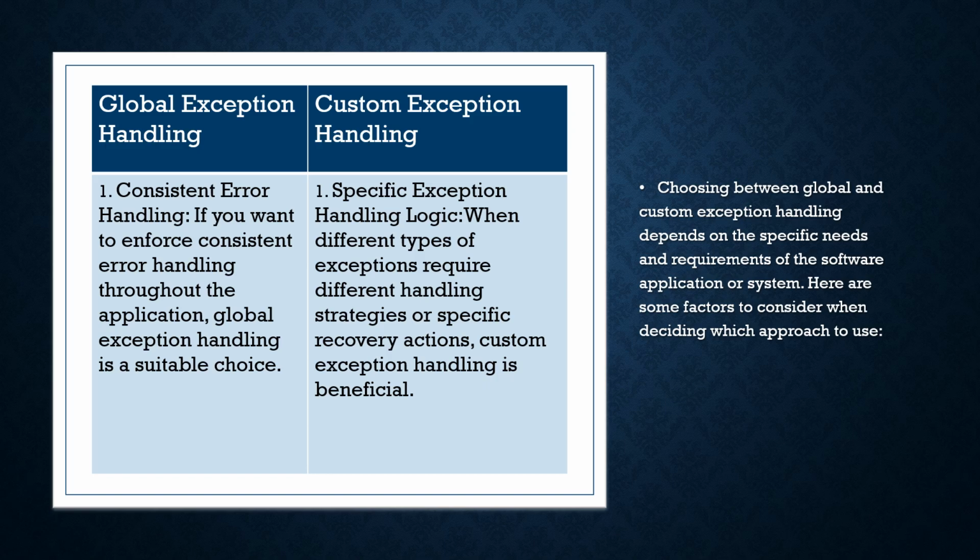If you want to enforce consistent error handling throughout the application, global exception handling is a suitable choice. While for custom exception handling, specific exception handling logic is important. So when different types of exceptions require different handling strategies or specific recovery actions, custom exception handling is beneficial.